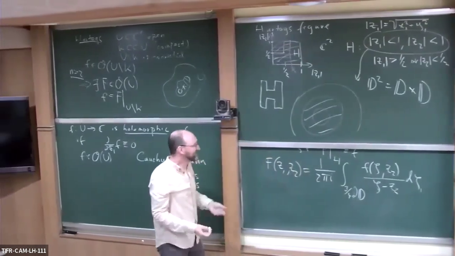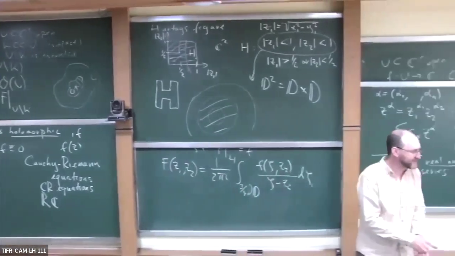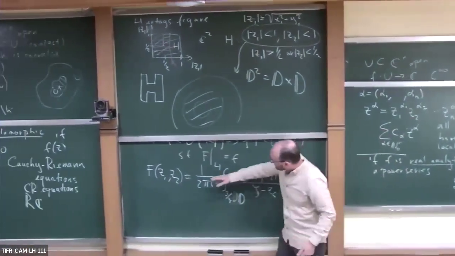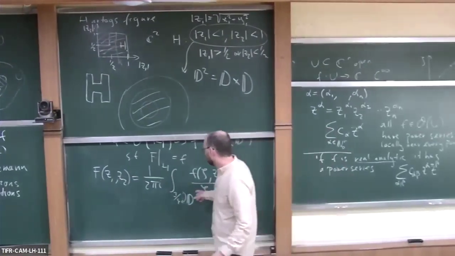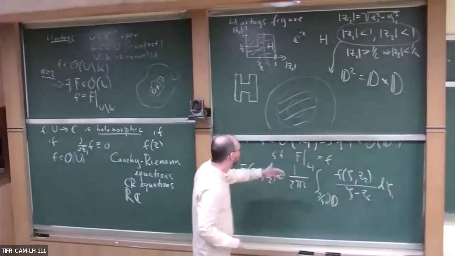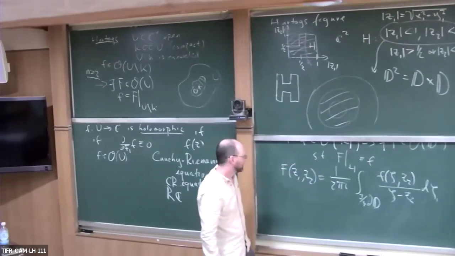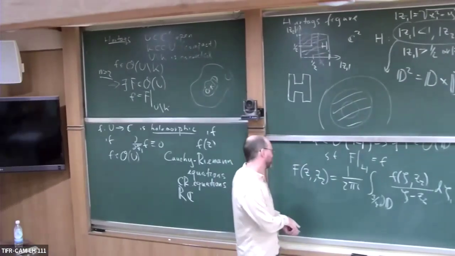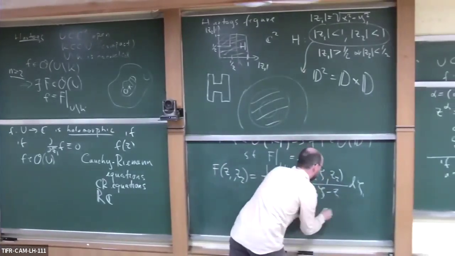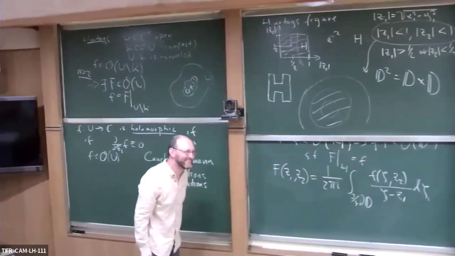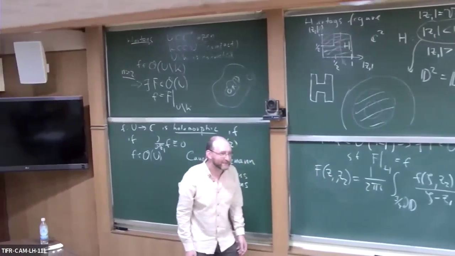And then it's basically just analytic continuation, which you get from analyticity. You have to prove that this is really giving you a holomorphic function, which is, I guess, clear. In the Z1 variable, I'm just differentiating under the integral, right?